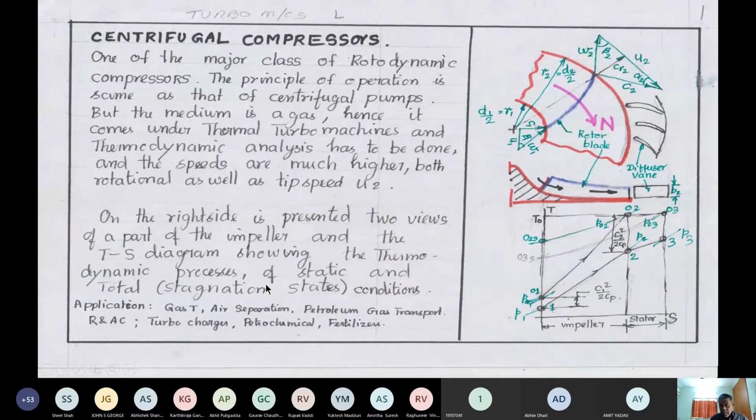Gas turbines work using a thermodynamic cycle called the Brayton cycle, where you have a compression process, a heat addition process, then an expansion in the turbine, then the rejection. Initially the air has to be compressed. That is done by either a centrifugal compressor or an axial flow compressor.